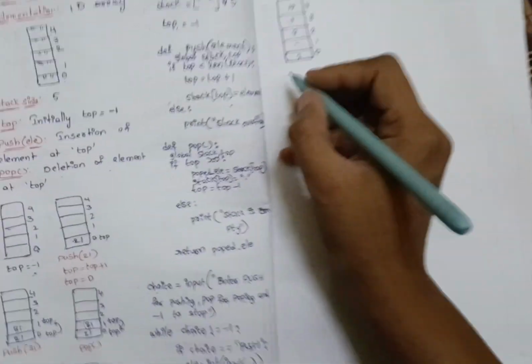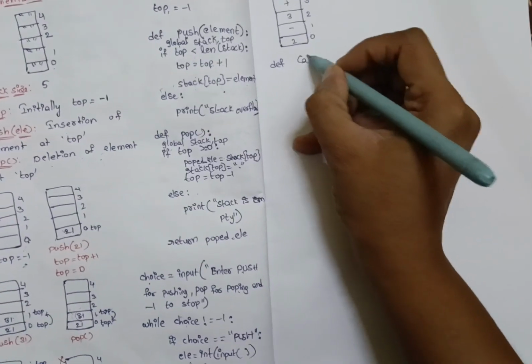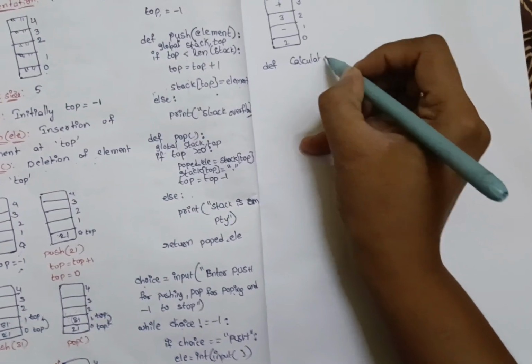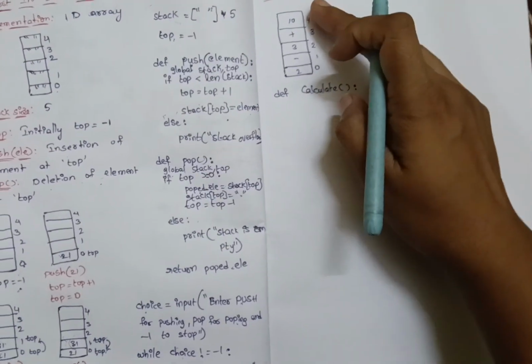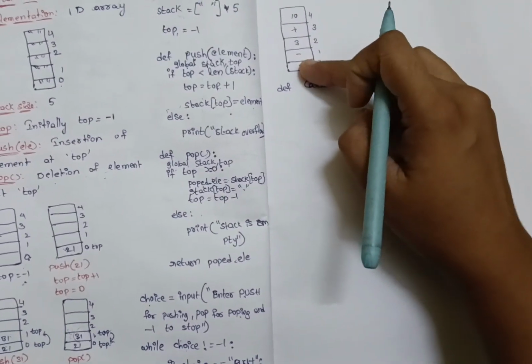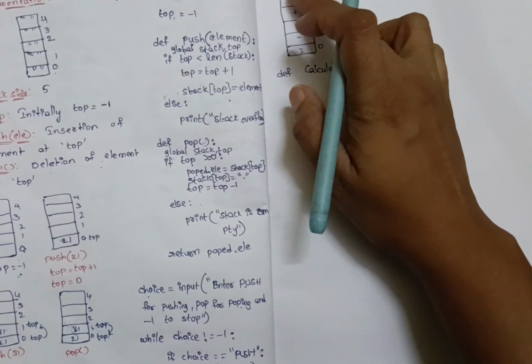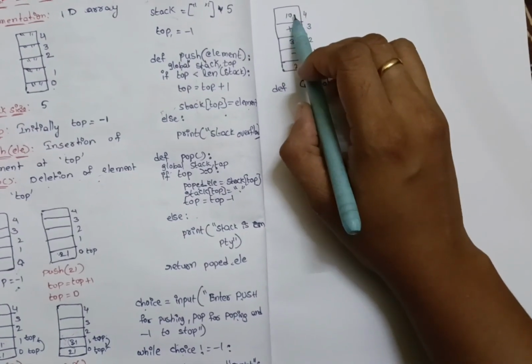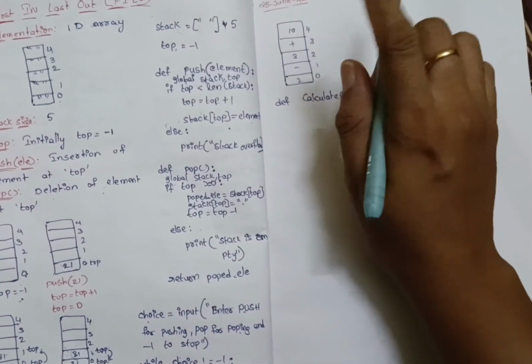I am just naming this functionality calculate, and in this function I'll evaluate the expression present in the stack. First, how do we get the element? We just need to take the first element as the total starting element.